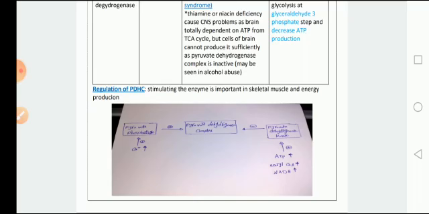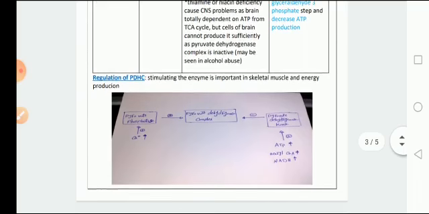This would activate the enzyme, so activating the link reaction. And instead, ATP, acetyl-CoA, and NADH would activate the PDH kinase that phosphorylates, meaning addition of phosphate, to E1 of our complex, leading to inactivation of the link reaction.